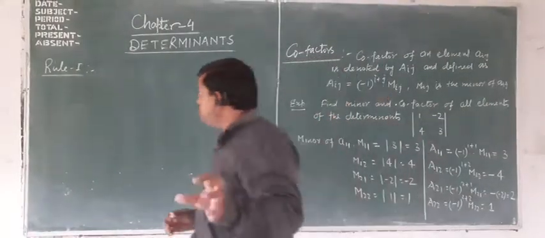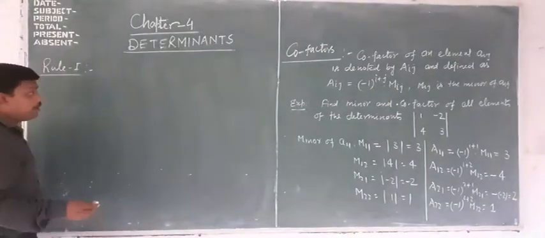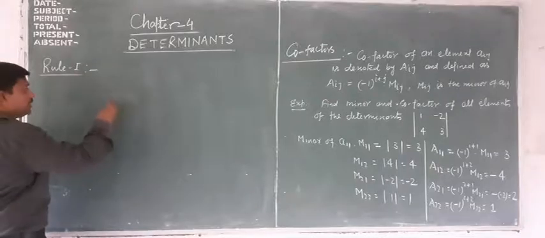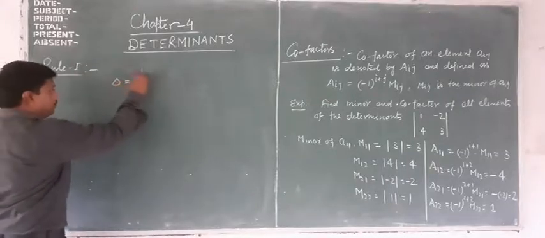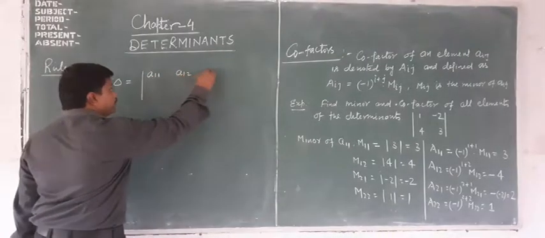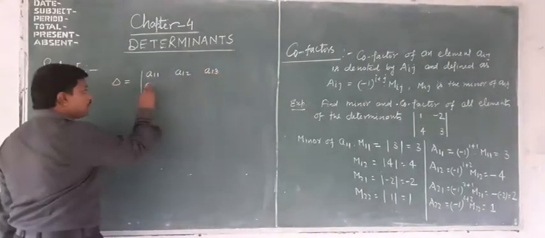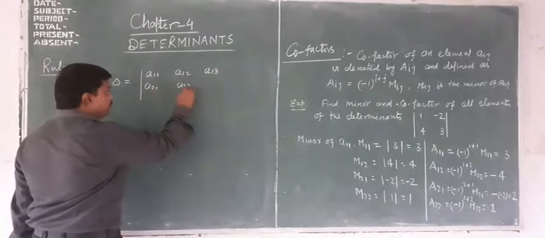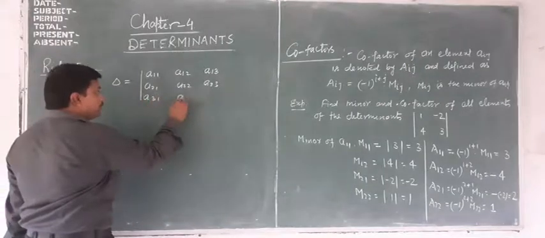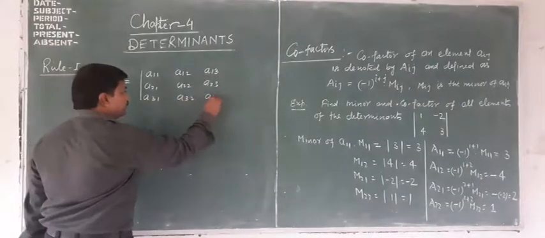I think you feel some uncomfortable. We can take one example. A11, A12, A13, A21, A22, A23, A31, A32, A33.